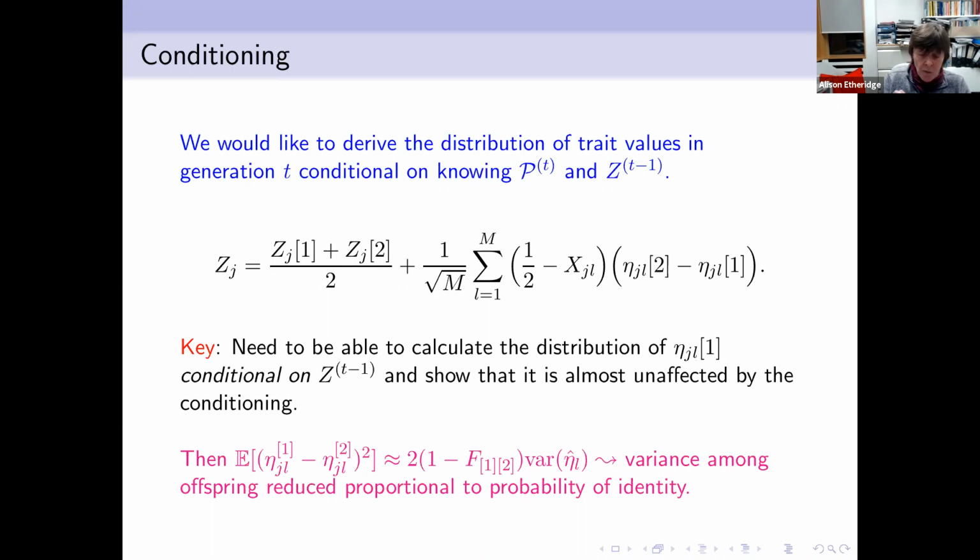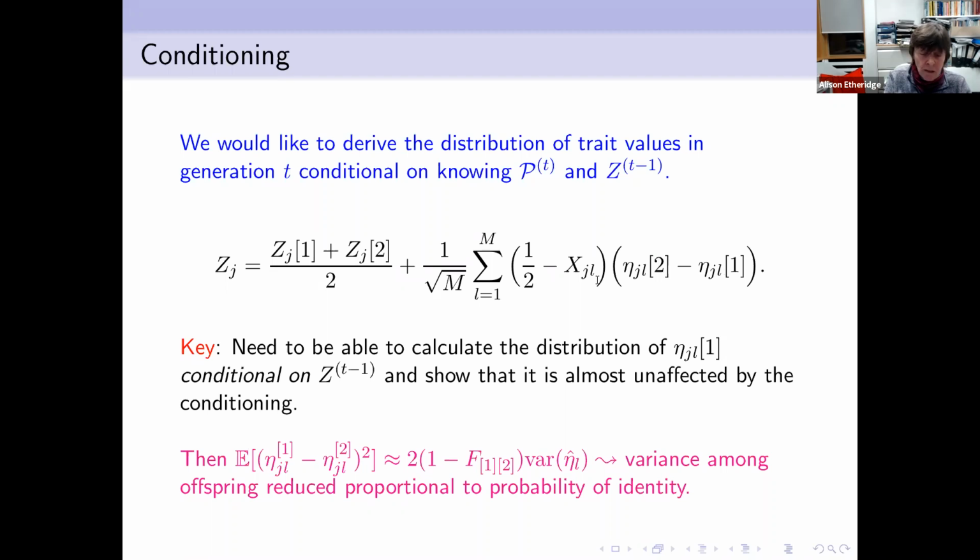Now, if eta JL of 1 and eta JL of 2, if I'm seeing identity, if they're inherited from a common parent, from a common ancestor in the ancestral population, then the contribution here is going to be 0. If they are inherited from distinct parents in the ancestral population, because we declared that distinct individuals in the ancestral population were sampling independently from this background allele frequency, the variance of this term is going to be twice the variance in the ancestral population.